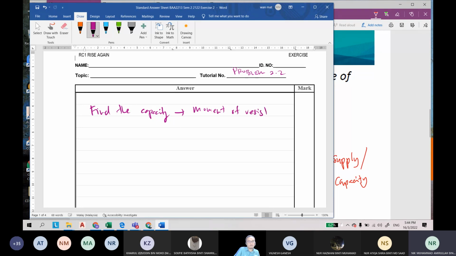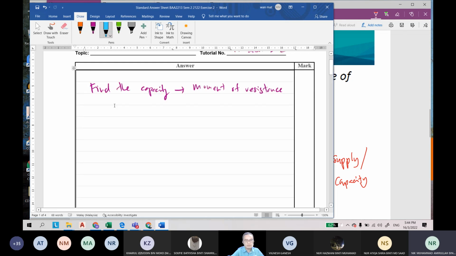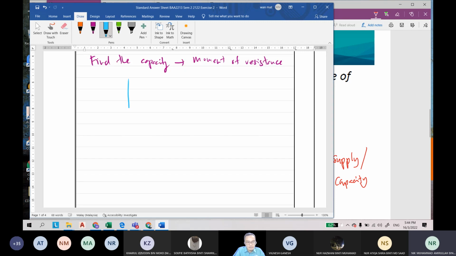What we did in problem 2.1 before is you are given the moment, the design moment. Design moment means the demand. Moment of resistance means the supply. So you have to remember that your beam is like this one.